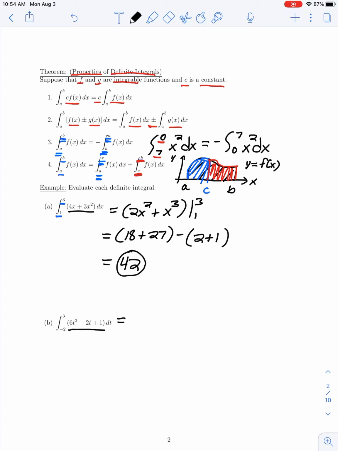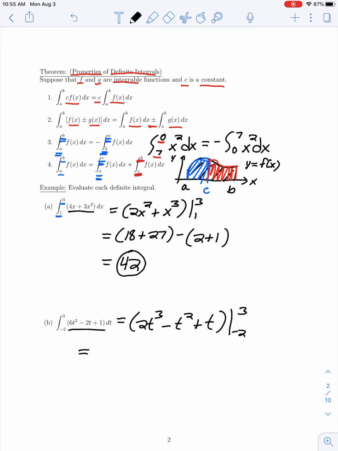So here, the antiderivative of 6t squared would be 2t cubed, minus the antiderivative of 2t, which would be 1t squared, plus the antiderivative of the constant 1 with respect to t, which would be 1t. And then we're evaluating this antiderivative on the interval from -2 to 3.